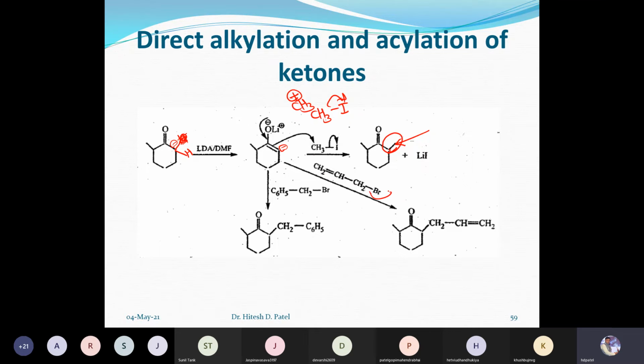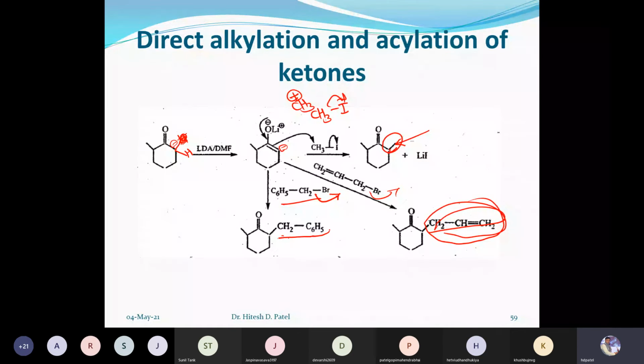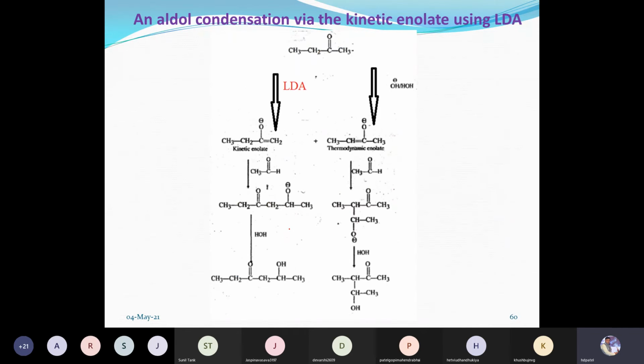Here removal of Br will take place, and as a result we will get this product or this substitution over here. We can also take C6H5CH2Br, benzyl bromide. In benzyl bromide, Br minus is removed and the CH2 will bind over here. So we can prepare substituted benzyl derivatives also. So various types of derivatives we can prepare with the support of LDA.